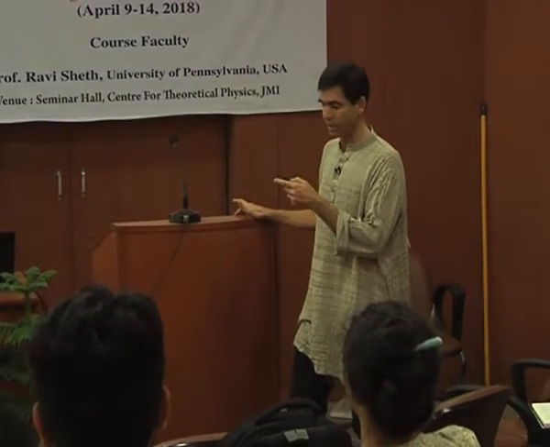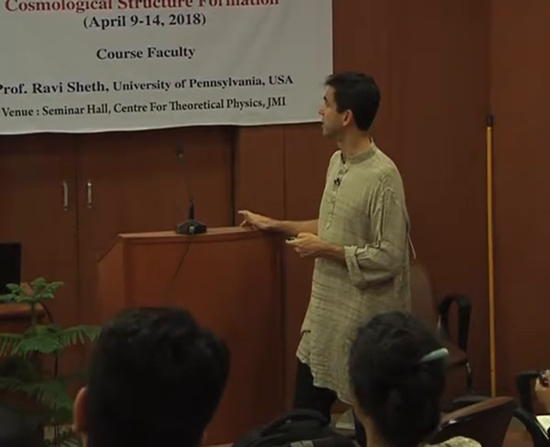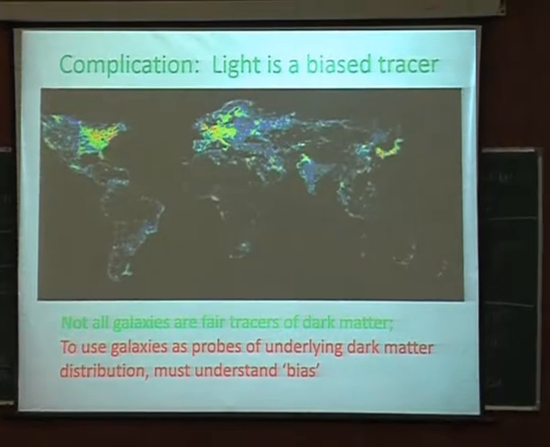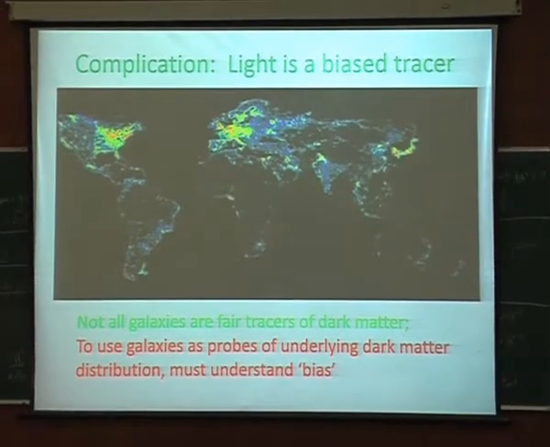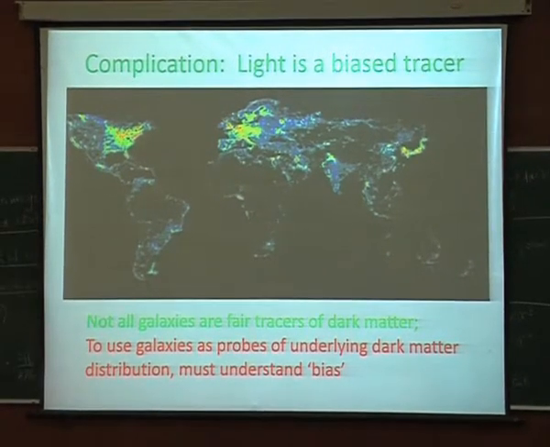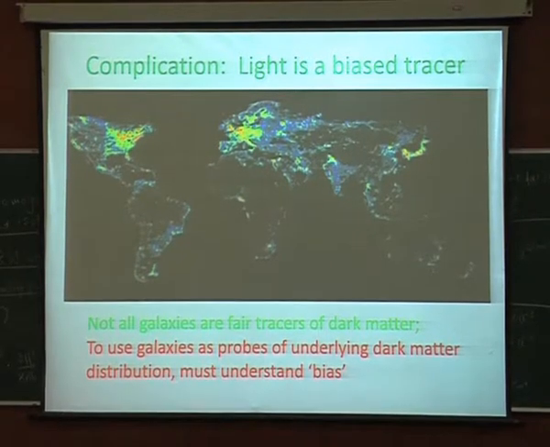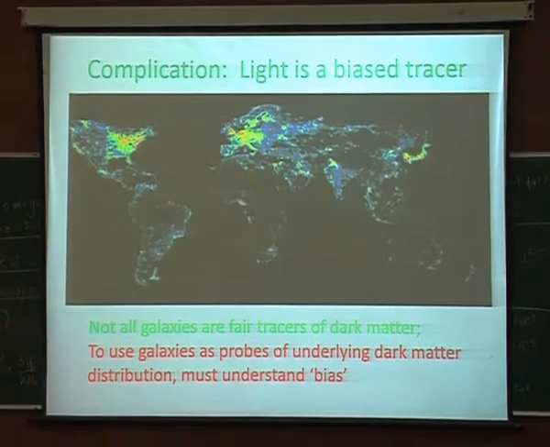And so what you really need is some kind of language that lets you translate between the distribution of the light that you see and the distribution of the dark matter that it's supposed to be tracing. One of the things that we will be setting up is a language to describe this bias between the distribution of the light and the distribution of the mass.